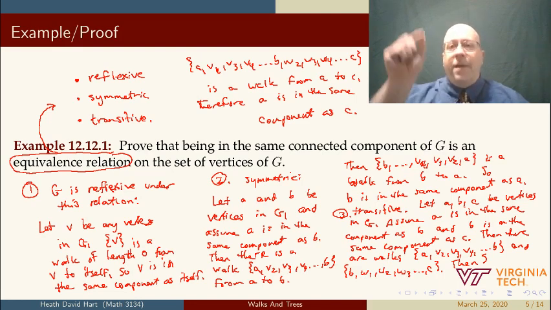I can walk from any vertex to itself by just taking a walk of length 0, my favorite kind of walk.